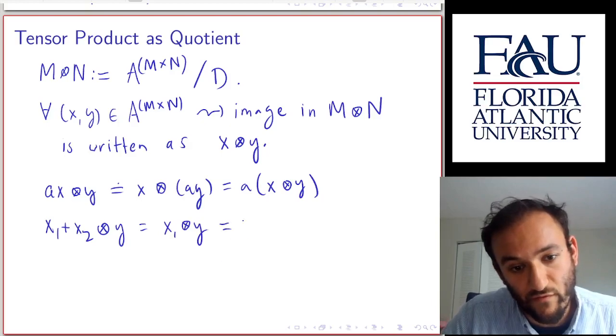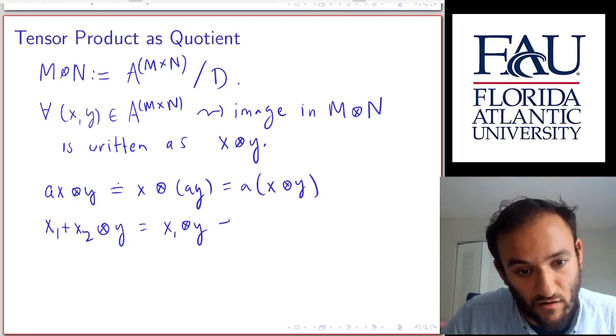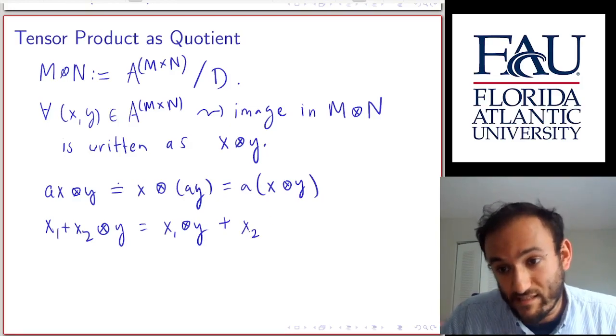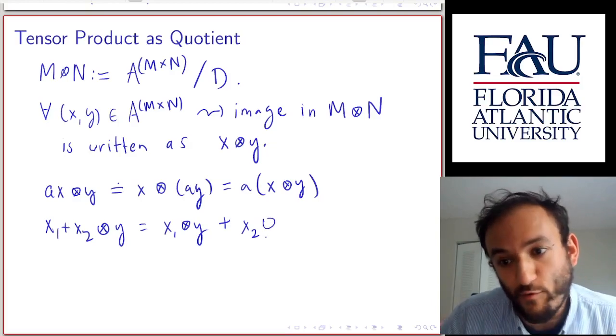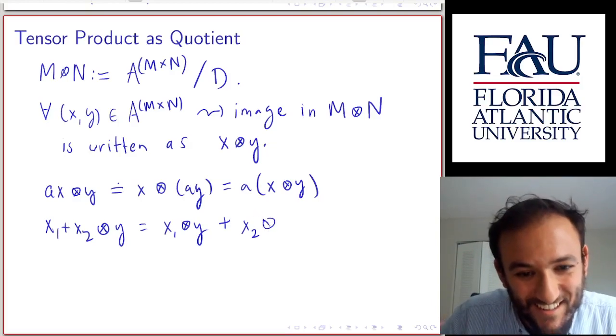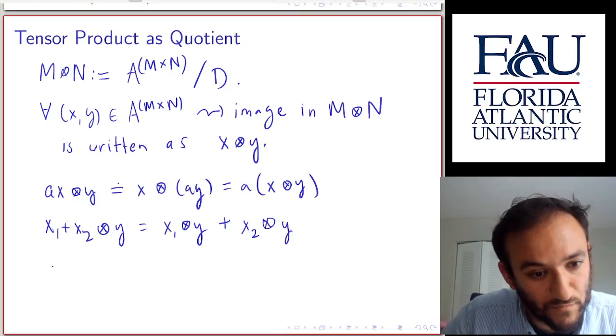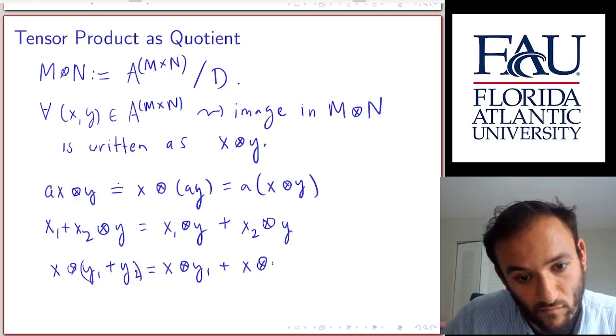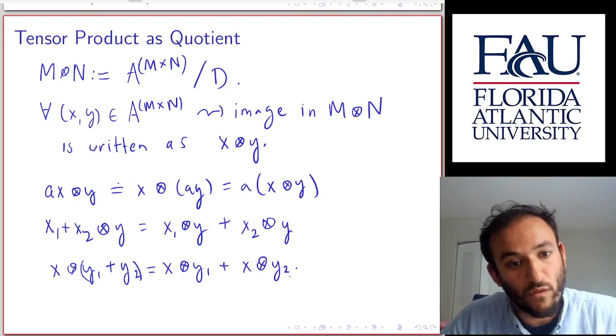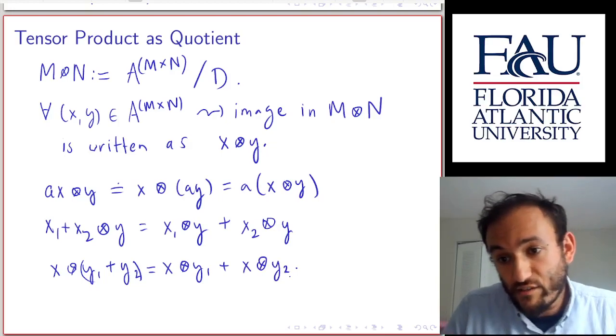Okay, so we're able to engineer this special object which has this bilinearity in each factor by just forcing it to have that bilinearity, and that's what we've done so far. Okay, so that's how you define the tensor product as a quotient.